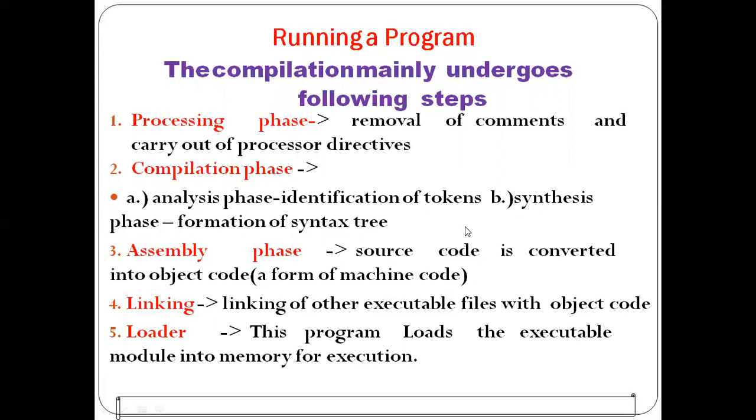After it is successful, from machine language it goes directly to the object, where it is to be printed. The fourth part is linking of other executable files with the object code, which is called linking. And the loader loads the executable module into memory for execution in the CPU. Finally, it sends the output to the monitor.